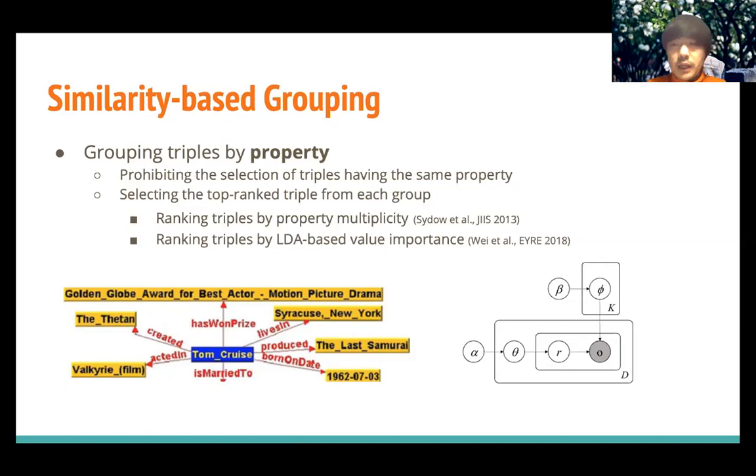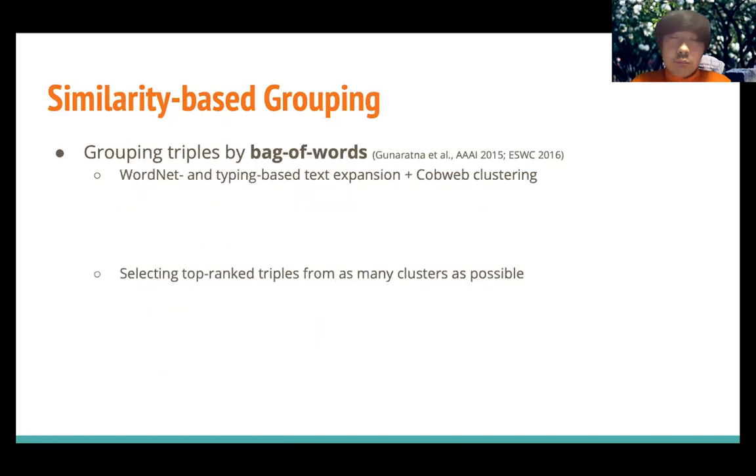Well, this is grouping by property. But you know that a property is actually only a symbol. If we group this way, it is possible that two properties are different, but they are actually very similar to each other. They are about the same topic. So a better way is to consider the textual meaning of a property, which means we can group triples by bag of words. This kind of framework has been used in two systems developed by Kappa.